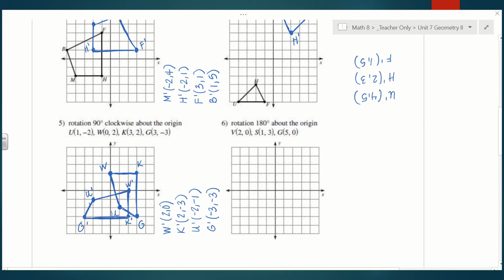Okay, it should look like that. All right, let's keep going.